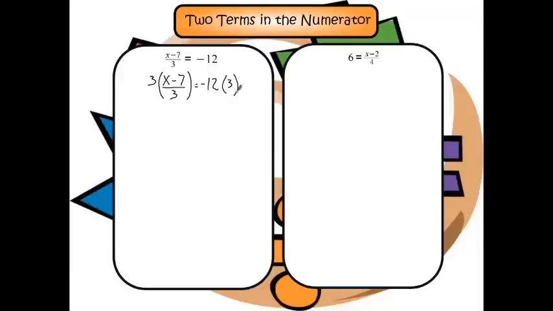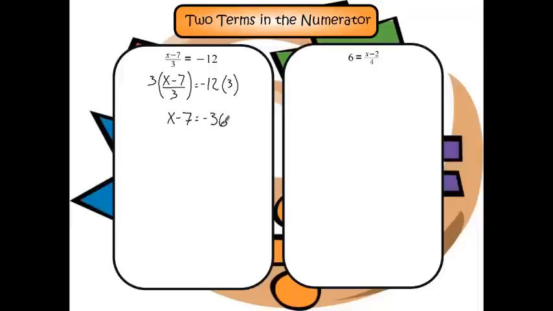When I multiply both sides by 3, what we end up getting is just the numerator by itself. These 3's, 3 over 3 is 1, so that leaves me with just x minus 7, and that equals negative 36.